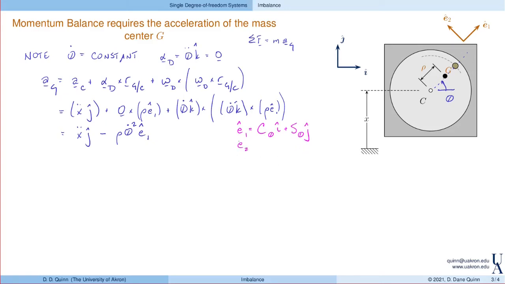Likewise, E2 would be minus sine theta I and cosine theta j. When we write this in the I and j direction, in the I direction we have minus rho theta dot squared cosine of theta. In the j direction, we have x double dot minus rho theta dot squared sine theta.